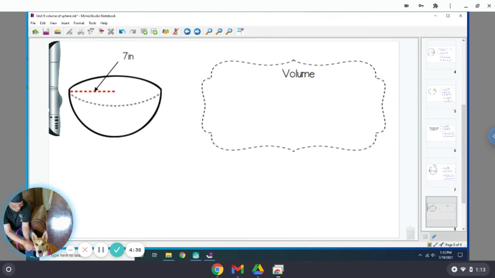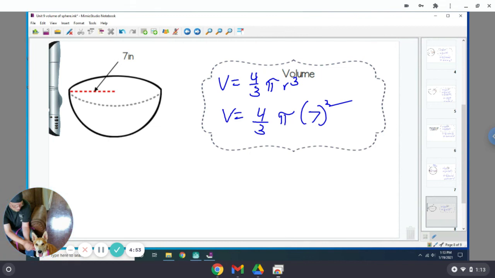All right, let's try another hemisphere. So you have V is equal to 4/3 pi radius cubed. And then the radius this time is 7. So I'm going to do pi times 7 cubed.